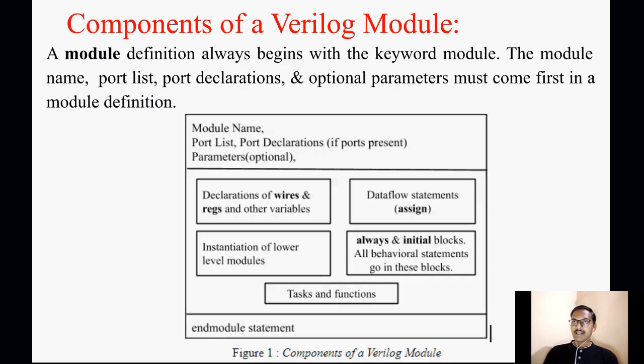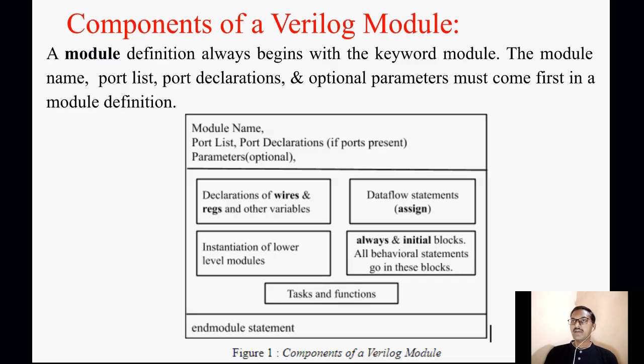Then the port declaration, if ports are present. Here in the port declaration we define that particular port as an output, input or inout. There are three keywords for that.